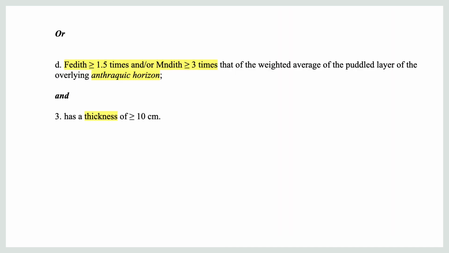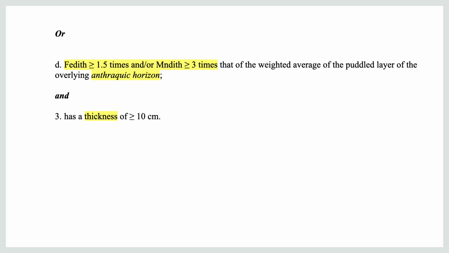Or I also can dose or measure the content of iron that can be extracted by dithionite, and this content should be equal or higher than 1.5 times, and manganese should be equal or higher than 3 times, the average of this layer over this hydragric horizon, or the anthropic horizon should present a lower content of iron and manganese that could be extracted by dithionite.